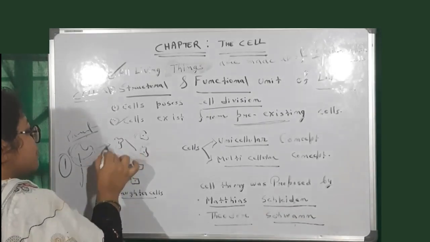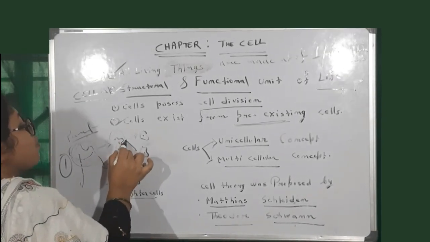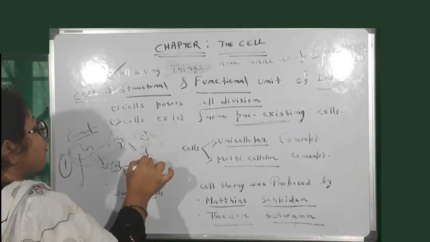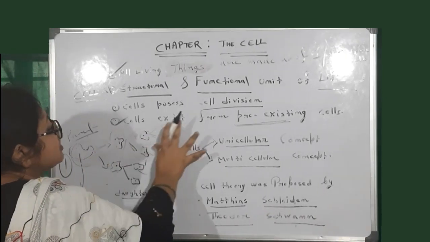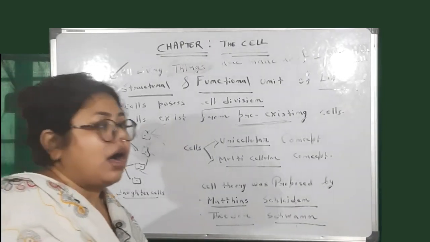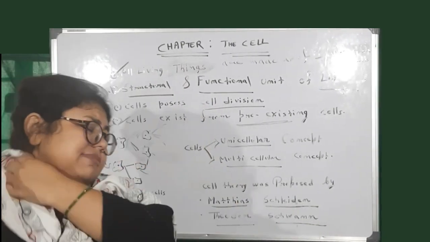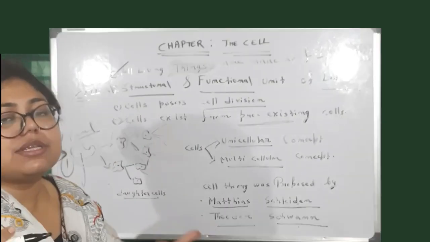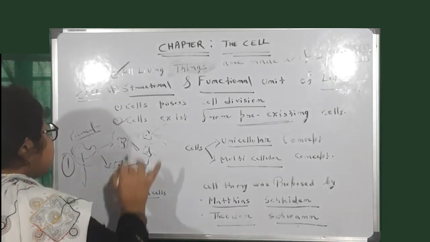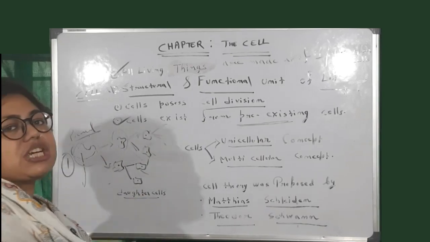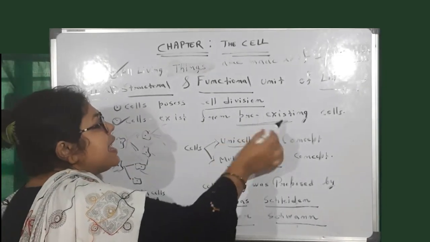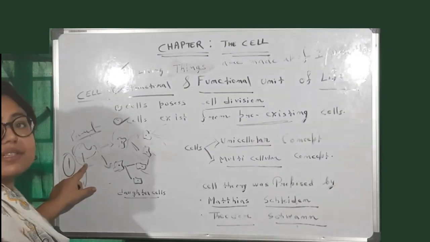Again, these become parent cells and form 2 more cells each. Like that, they can form 2, 4, 8. These branches carry on, just like what you have read in chemistry, that a nuclear reaction continues in branches. Just like that, this type of reaction continues, and that is why we use the concept of pre-existing cell. What is this pre? Original cell.